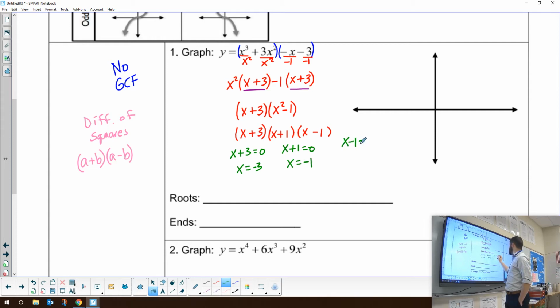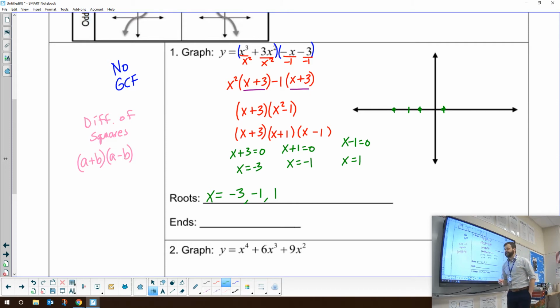And x minus 1, we would get x equals 1. So here are my roots. x equals negative 3, negative 1, and 1. We can put those points on my graph over here. Have a point at negative 3, a point at negative 1, and a point at positive 1.